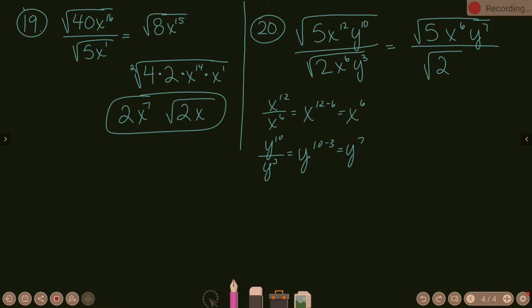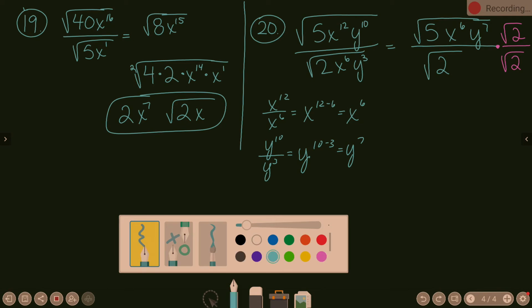We need to rationalize. So, in order to rationalize, we're going to multiply by something. How do you get rid of a square root of 2? You multiply by itself, right? So in order to get the square root to disappear, you multiply by itself. If we multiply the denominator by square root of 2, we're going to multiply the numerator by square root of 2.